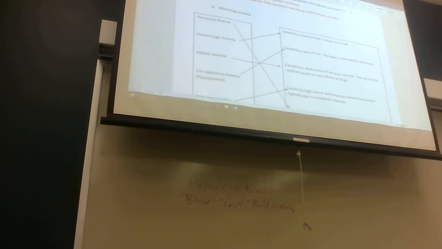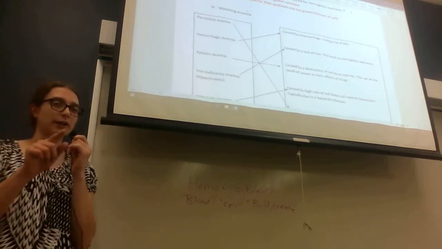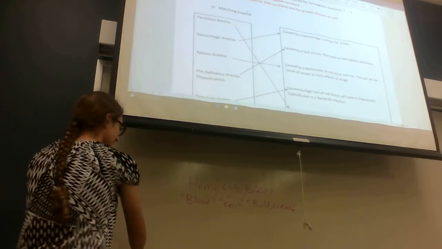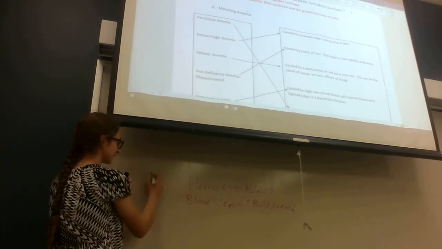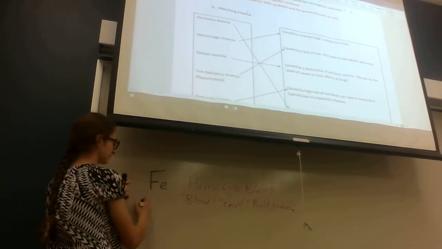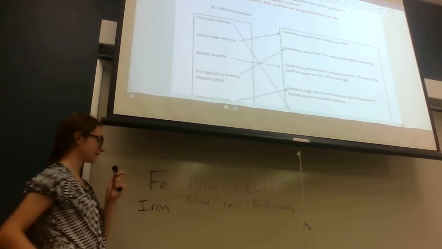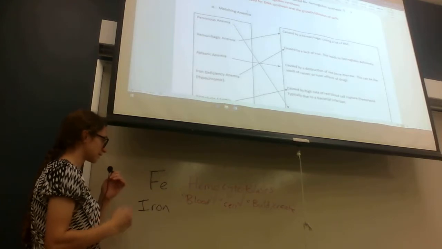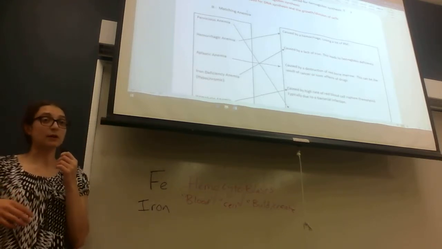Number 8, vitamin B12 is also known as folic acid and it is required for hemoglobin synthesis. This is false. Iron is actually what is needed for hemoglobin synthesis. And what is the symbol for iron? So iron is really important for hemoglobin synthesis.